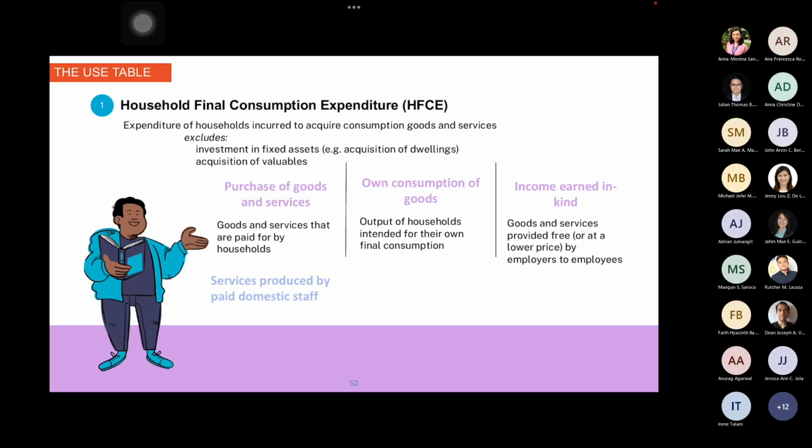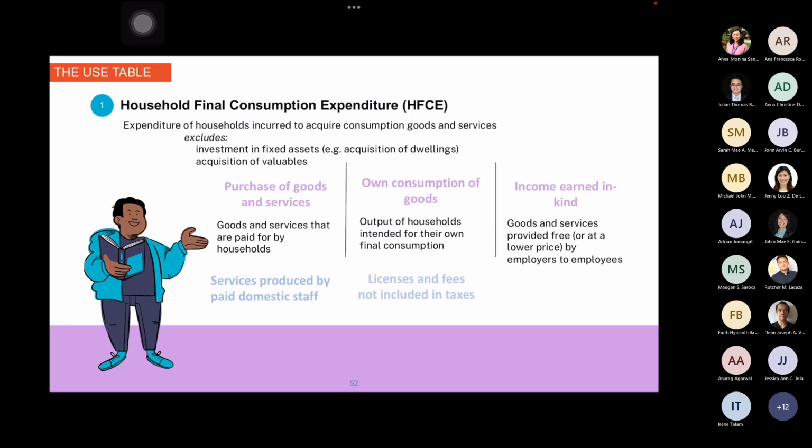So we have here services produced by paid domestic staff. In many countries, the domestic staff may undertake services such as cleaning, food preparation, and child care. And in these cases, the amount paid to the domestic staff is treated as if the household purchased the service directly from a company.